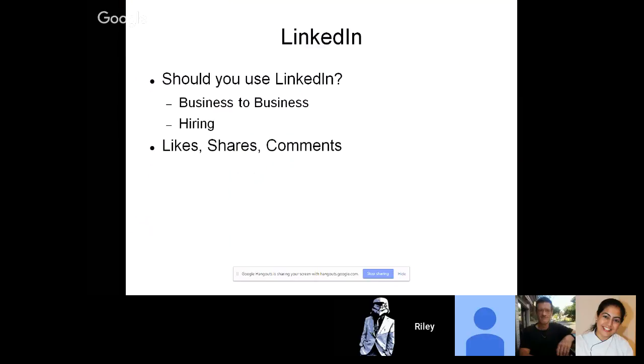But I would say in terms of direct to the consumer businesses, it doesn't make a lot of sense to use it a lot. Have your business page, have your profile, be discoverable, but it's not just like the other social networks.